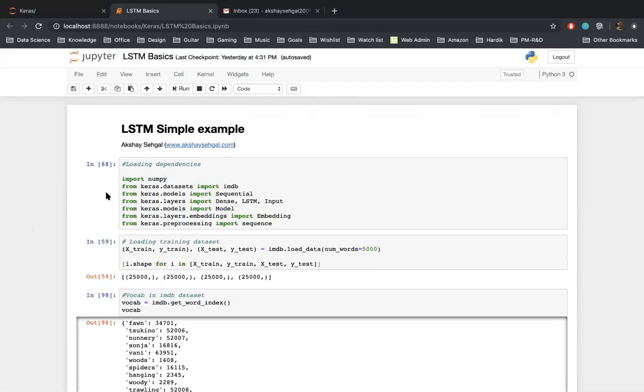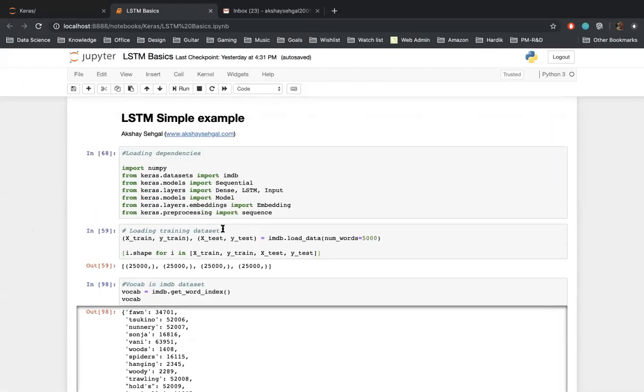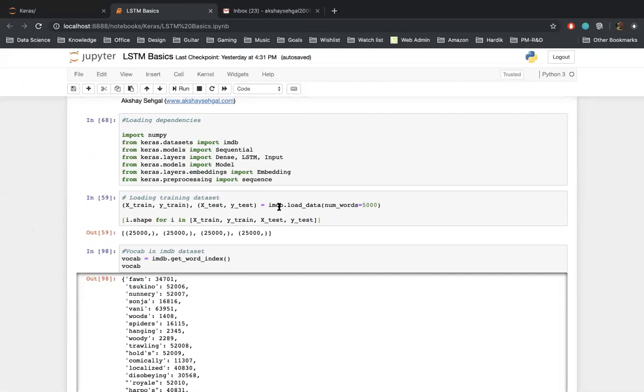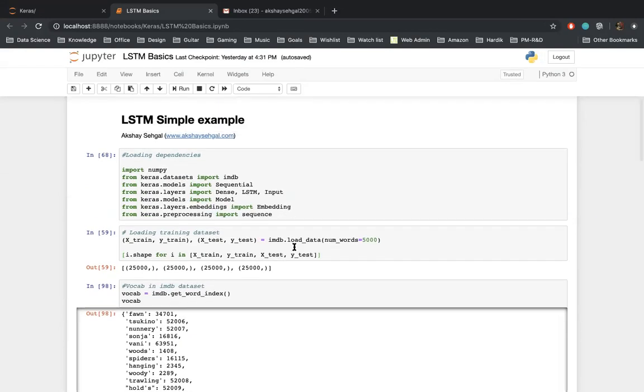Okay, cool. I'm assuming that everyone knows how Keras works. So we're going to import our dependencies, and we're going to take the IMDb dataset as an example. The classification problem is positive reviews or negative reviews. Since the computation time of an LSTM is quite heavy, we're only going to take 5,000 words as a vocabulary.